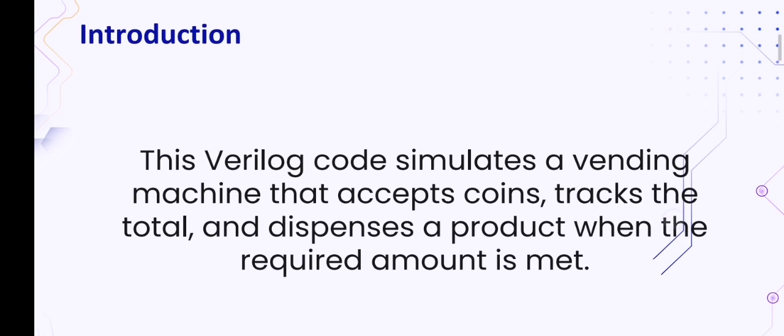So for the introduction, this Verilog code simulates a vending machine that accepts coins, tracks the total, and dispenses a product when the required amount is met. This vending machine accepts 5 pesos, 10 pesos, and 20 pesos coins.